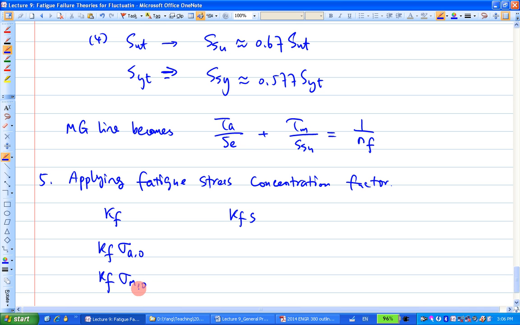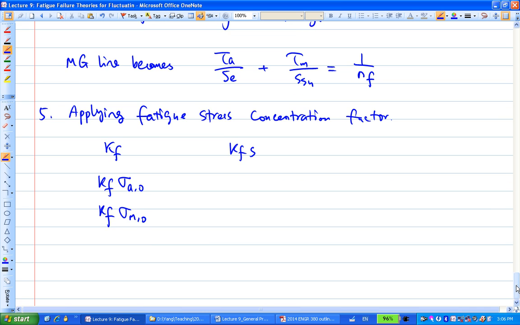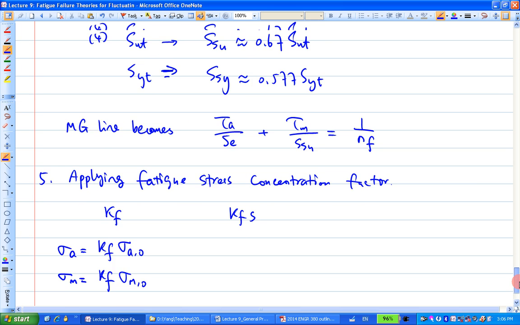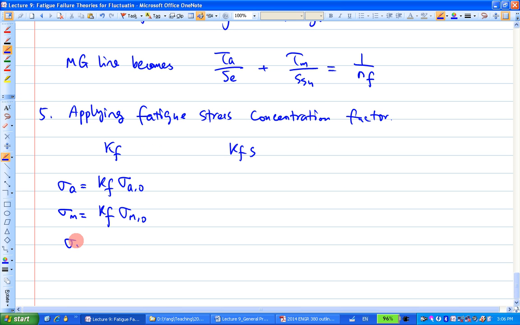So when you calculate sigma a and sigma m, that's what you do. This is going to be your sigma a, and this is going to be your sigma m. Then you substitute these two into the modified Goodman line. That's basically sigma a over Se, for example, if you use the modified Goodman line.